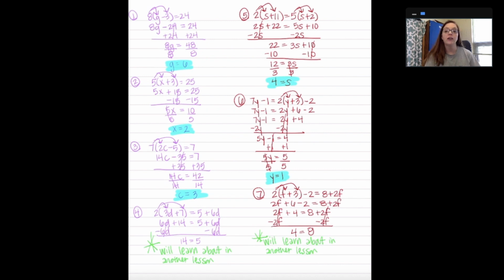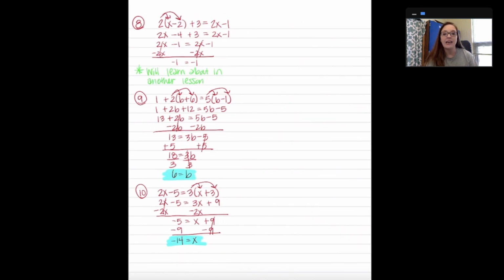And I told you anytime you have that occur, that's going to be one of those special case equations, which we'll talk about in another lesson. Pause the video, make sure that your work aligns with mine. And then here's 8, 9, and 10. Again, 8 is a special case equation. The variables canceled out. Again, you'll learn about that in another lesson. So pause the video and make sure your work for 8, 9, and 10 is also accurate.